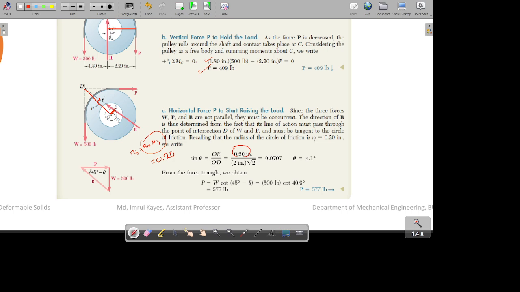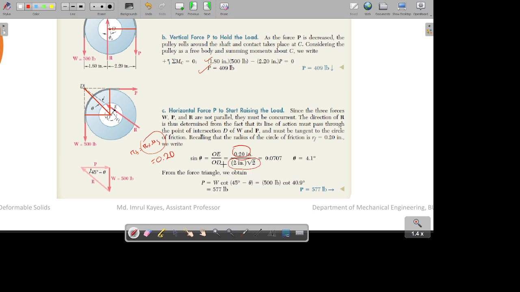Now how can we actually get the value of OD? As you can see over here, if you complete the figure, it will look like this. This is actually a square, so OD is the diagonal of the square. The side of the square is 2 inch, so the diagonal will be 2 root 2.